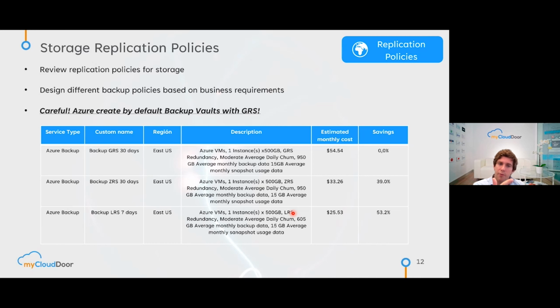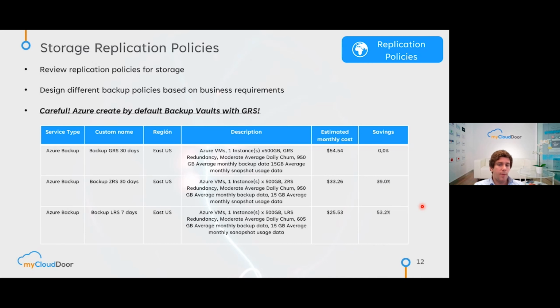You have the zonal replication storage or the local replication storage. Seeing an example of a VM with 500 gigabytes and the cost of the backup, you may see discounts up to 50% when comparing geo replication with local replication.